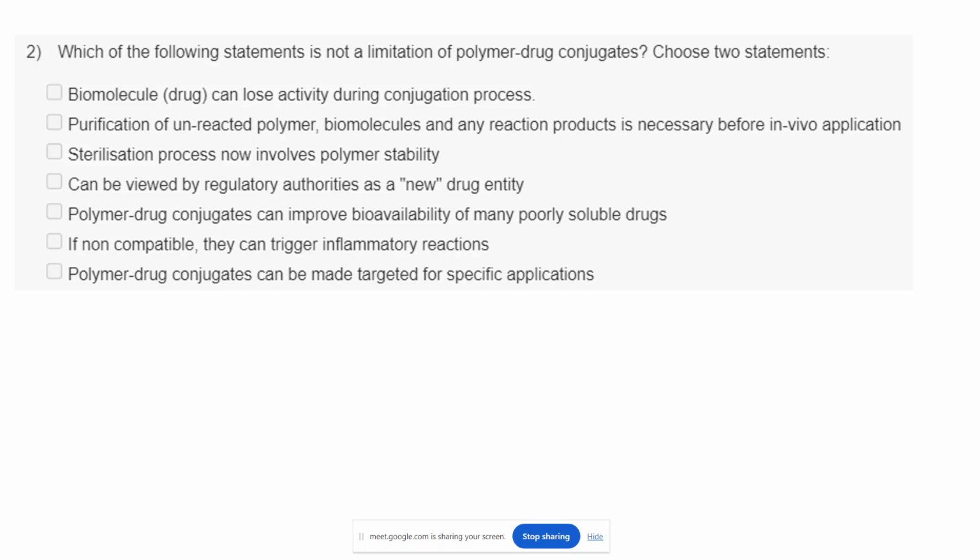Anybody would like to answer? Option 5 and 7. Sorry, can you repeat? Option 5 and 7. Okay. What about others? Anybody else would like to answer?